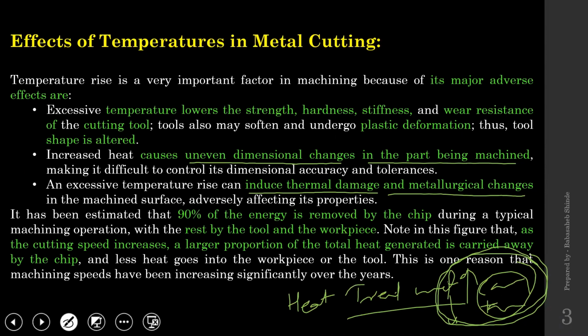And we know that the properties possessed by any material depend on the microstructure that it has. If the microstructure changes, those properties are going to change. When you select a workpiece material, we must have thought of the properties of that material before selection. And after machining, if those properties are changing, then that is not going to be desirable, right? So metallurgical changes would be there, and in most cases that will not be desirable.